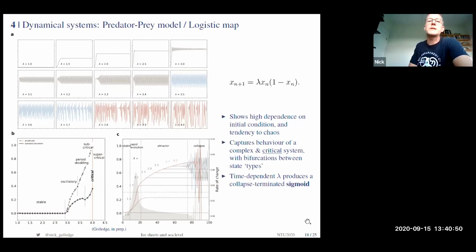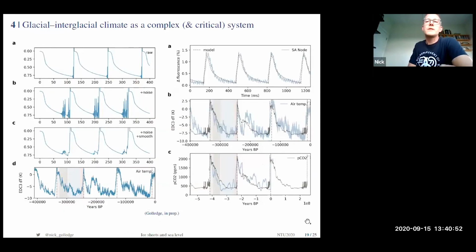Next slide, please. Now, if you take that red line in your head and flip it upside down and then allow the system to recover, you can end up with what we see there at the top left. You see this kind of sigmoid again, one that starts high, drops, flatlines towards the bottom, and then abruptly jumps back up. We can add white noise, we can smooth it, we can do all sorts of things.